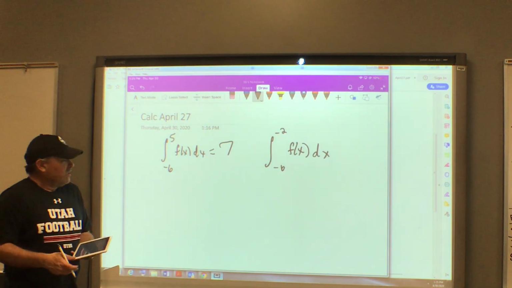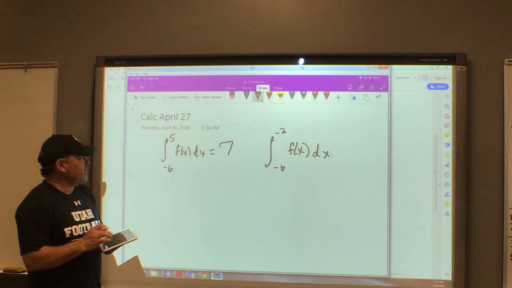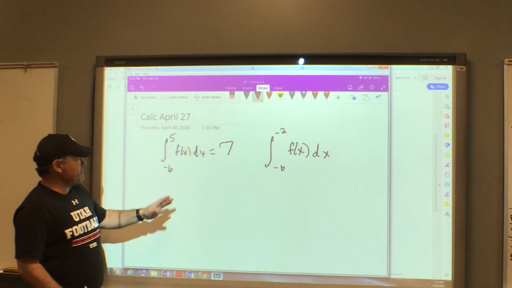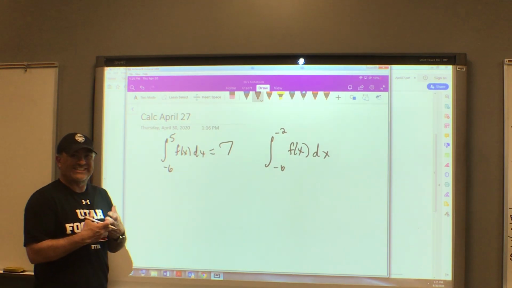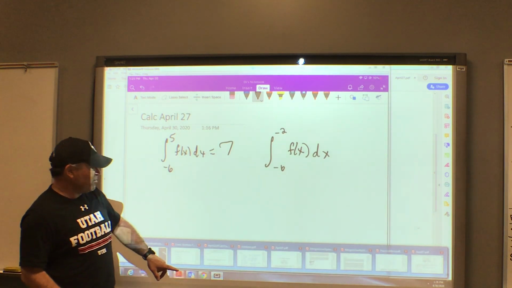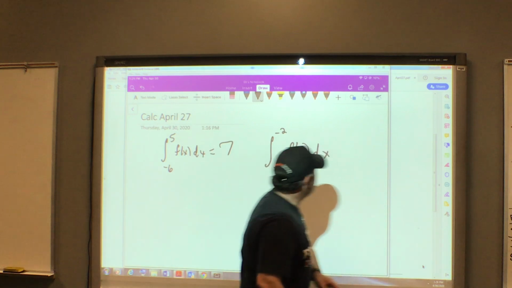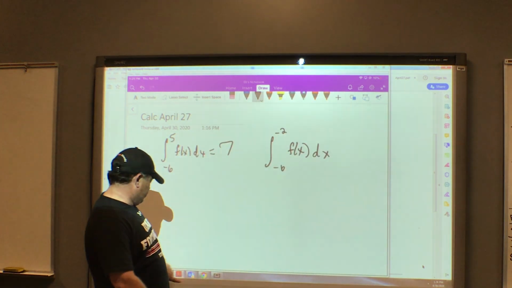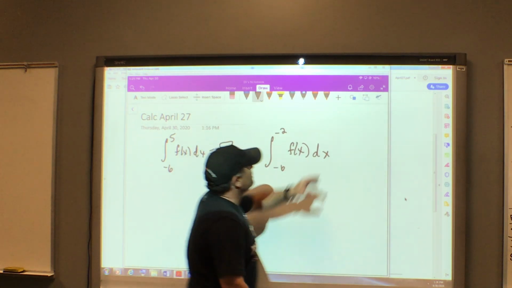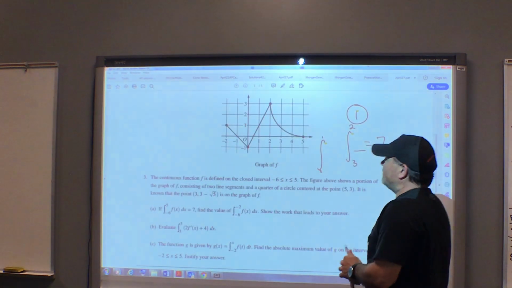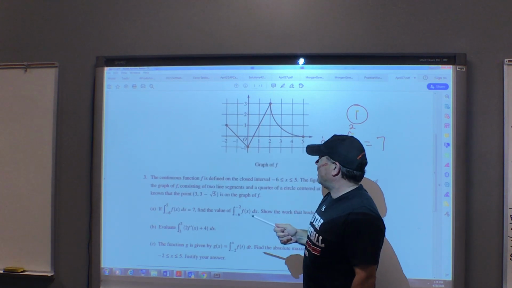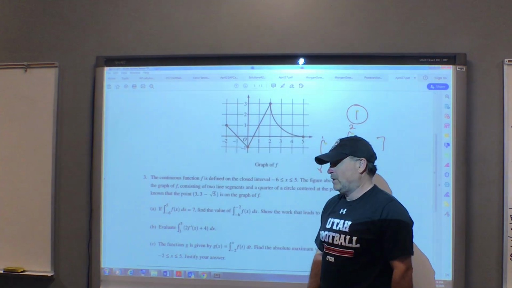So what they're looking for point-wise here is they wanted you to understand that we can piece these integrals together. You understand that this plus this is going to equal the whole, and they're giving you the whole.